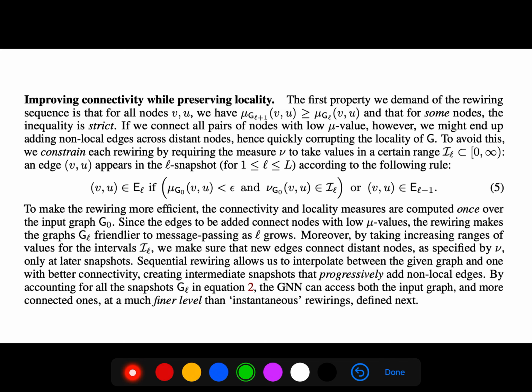The first property we demand of the rewiring sequence is that for all nodes u and v, mu of u and v for the next iteration is greater than mu. So it's monotonic.